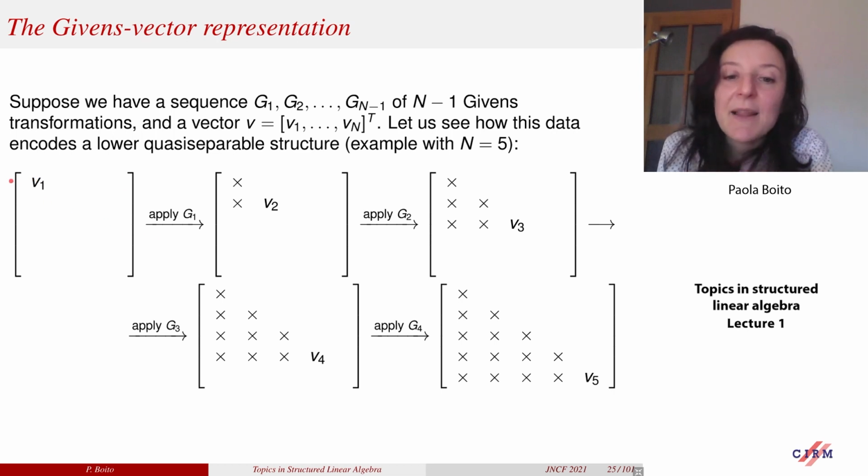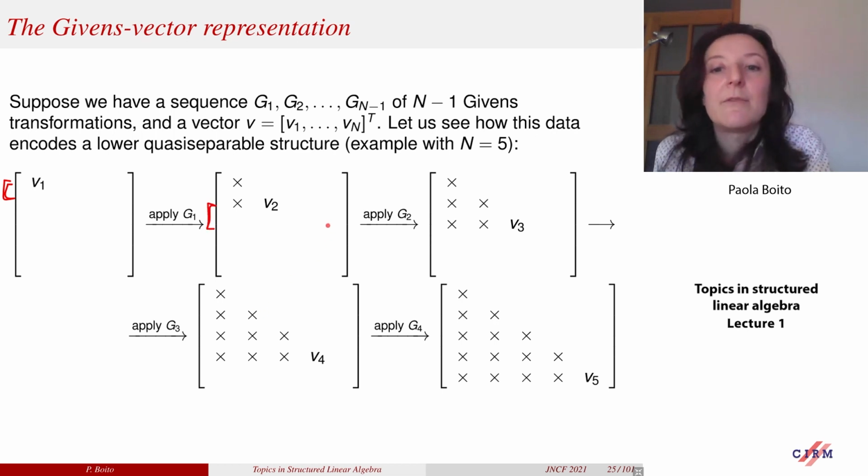Then I apply G1 on these two rows. And what happens is that I obtain two non-zeros here and here in the first column. Then I take the second entry of my vector and I put it here in position 2, 2. And at this point, I apply G2, the second Gauss transformation, to the second and third row of my matrix.